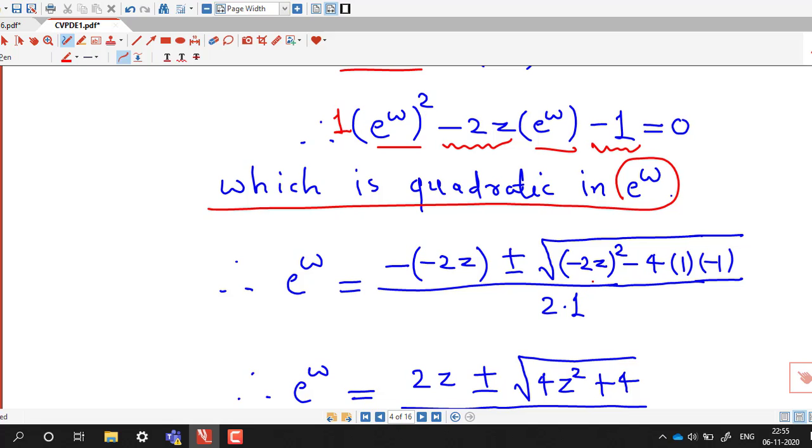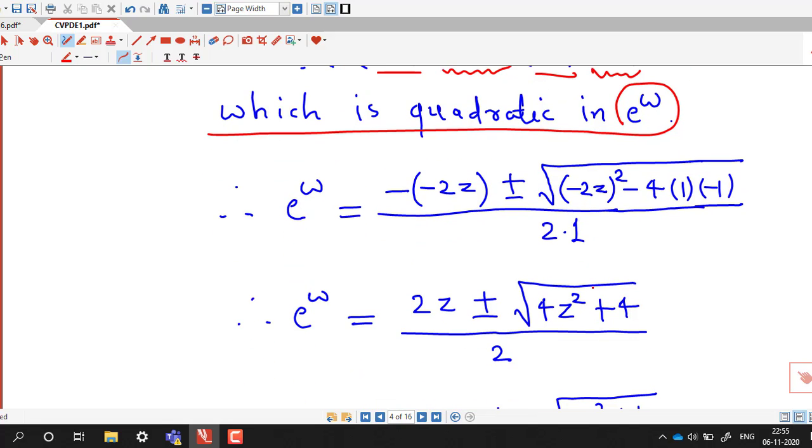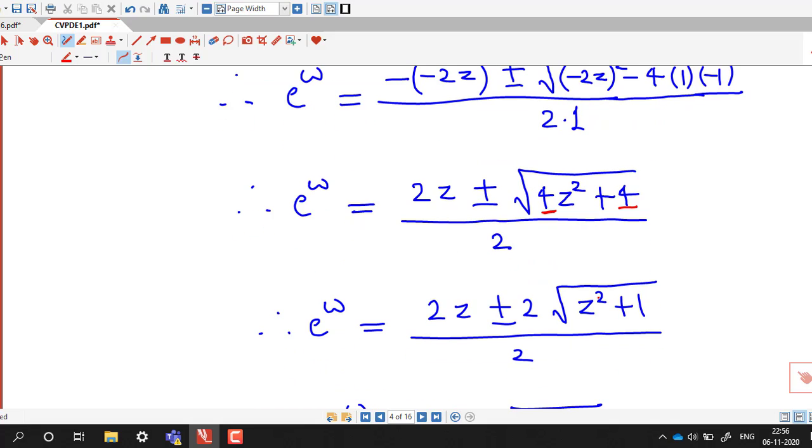over 2 into the coefficient of e raised to w square, which is 1. Now we simplify this and we obtain e raised to w equal to 2z plus or minus the square root of 4z square, here negative negative is positive, so we have plus 4. In the next step we can take this 4 outside the square root, so we have square root of 4, which is 2, and we are left with the square root of z square plus 1.